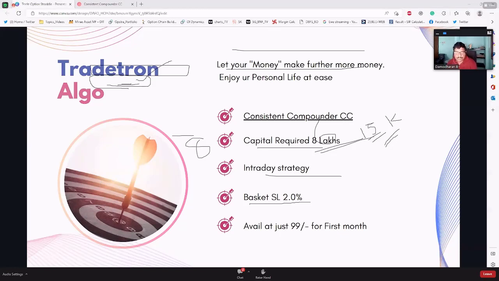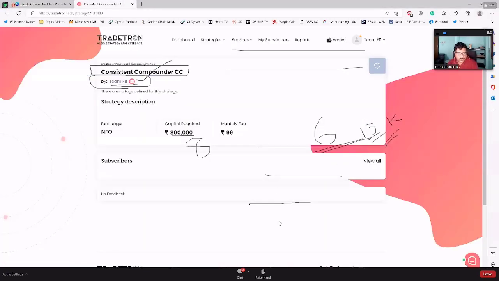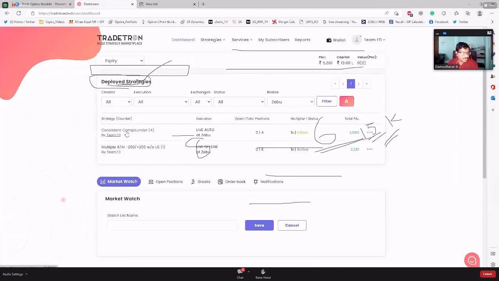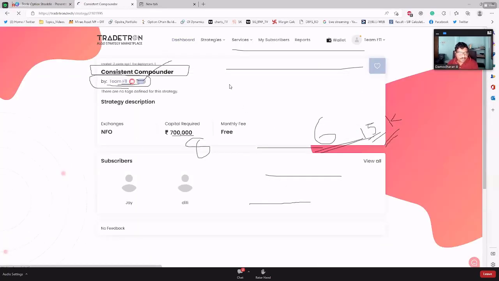And if you wanted to see what the risk is and how this is running, I will try to open it. I have different algos. This is the Consistent Compounder algo.